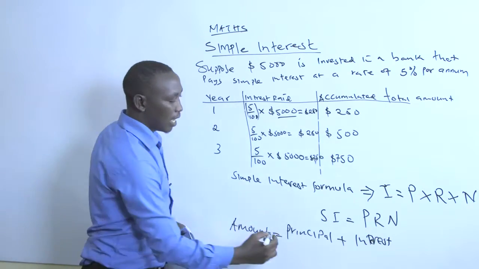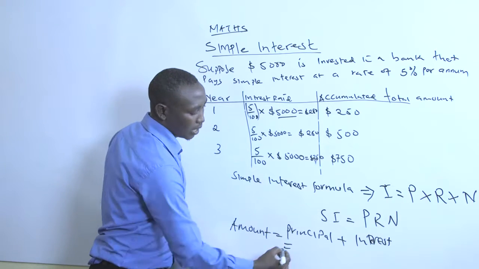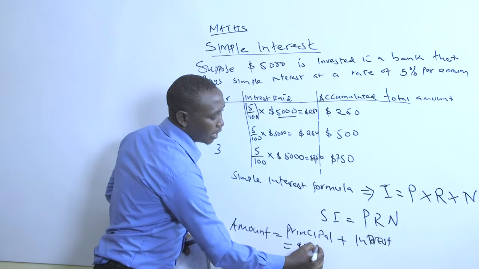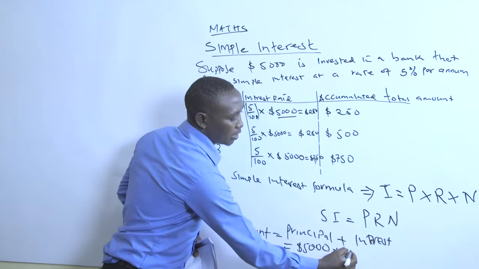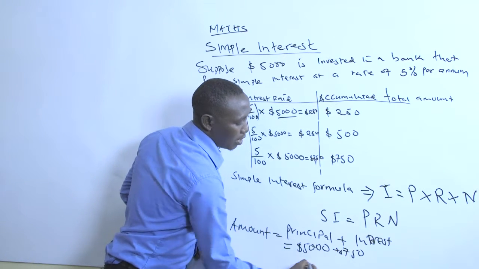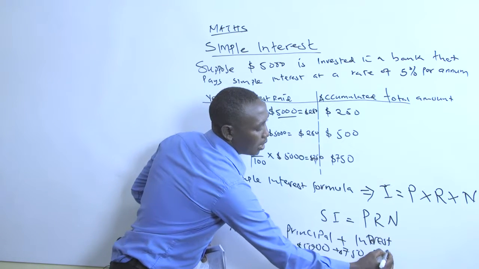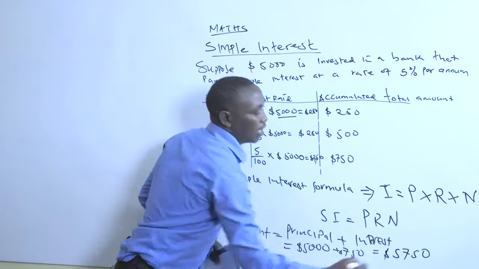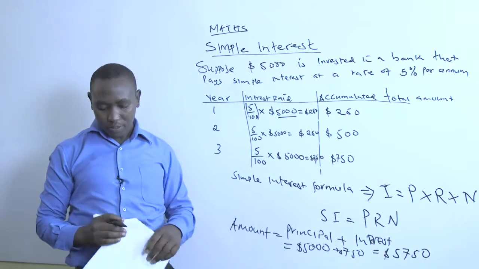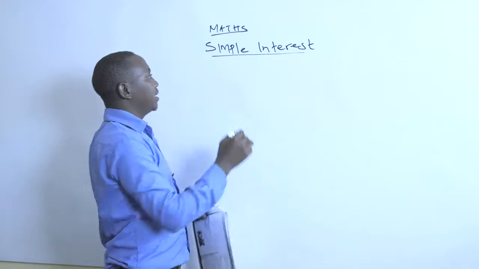So in this particular case, this person will take home 5,000 principal plus an interest of 750 US dollars, which will be a total of 5,750 US dollars. Example.